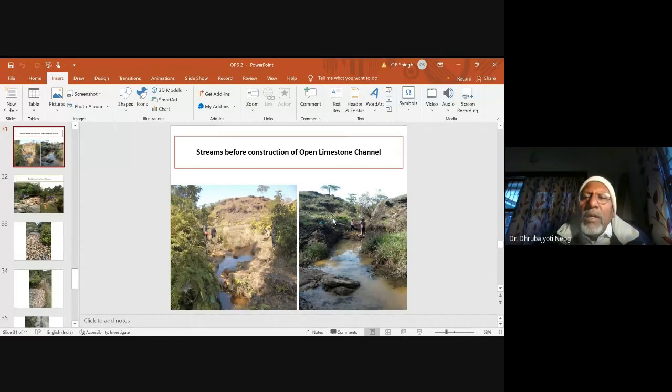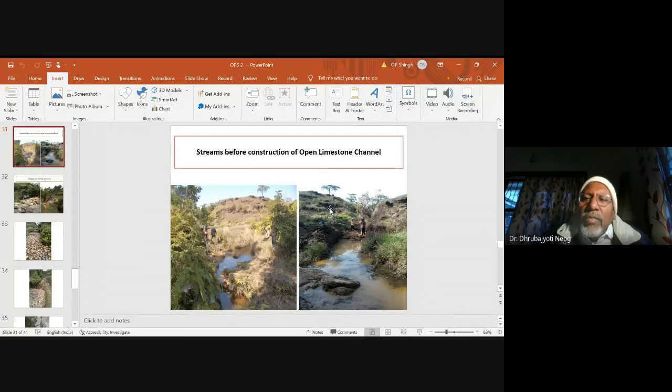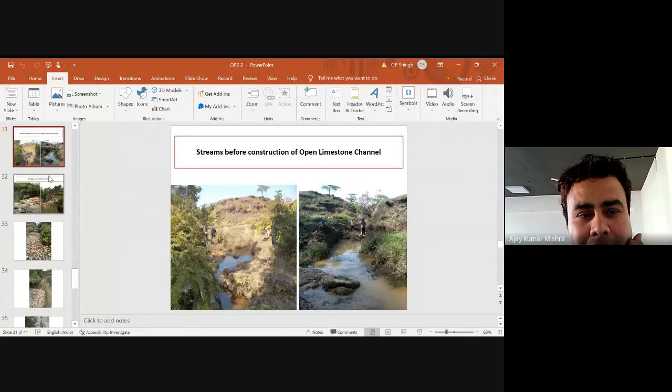For example, here you can see one pit, and acid mine drainage was generated from this pit. If it goes into the stream, the water becomes acidic. In another stream nearby, some pits were also generating acid mine drainage.